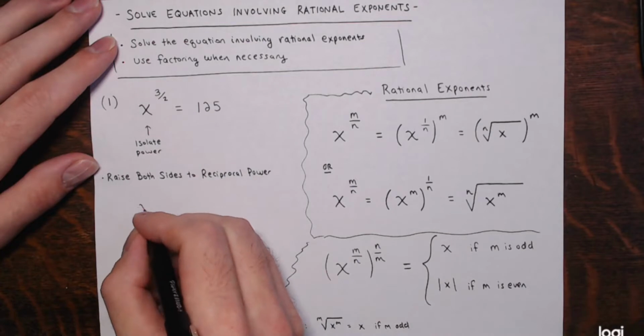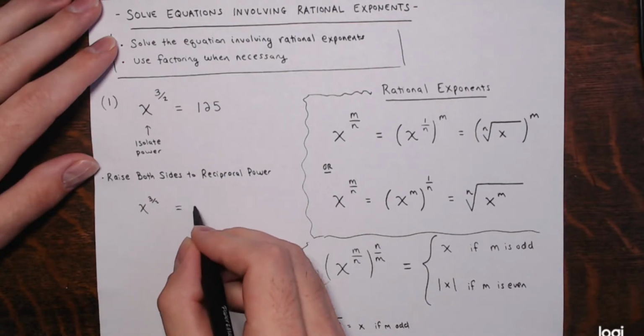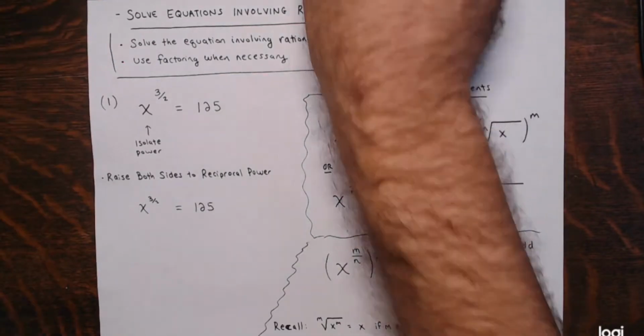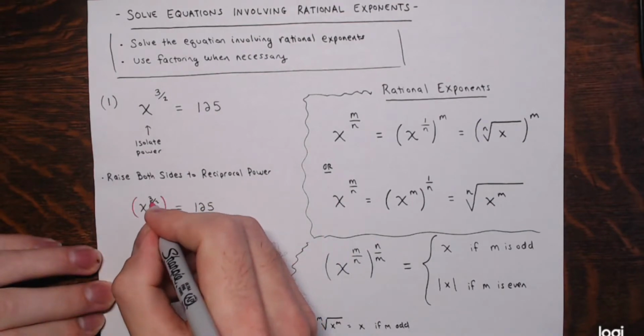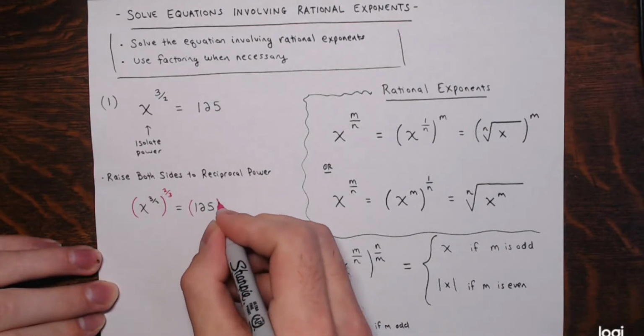So for instance here, I have x to the 3/2 on its own side, and then 125 on the other side. And then I'm raising both sides to the reciprocal of 3/2, which would be 2/3, the 2/3 power.